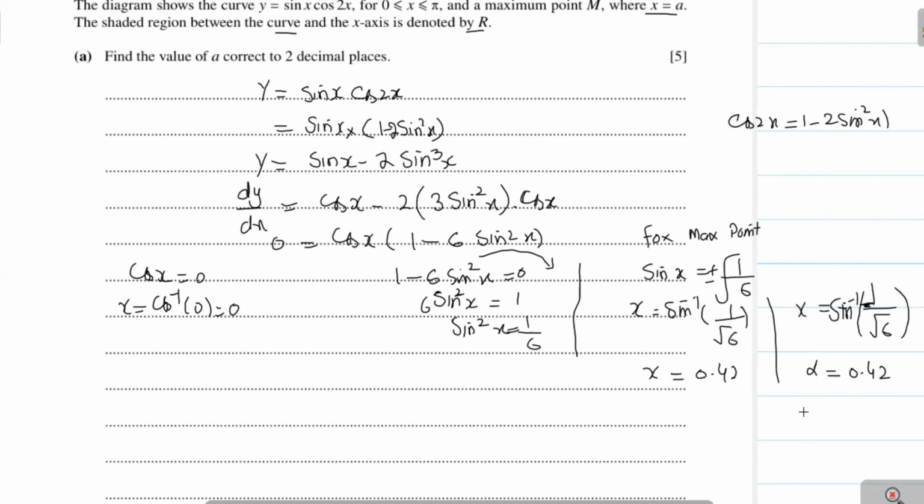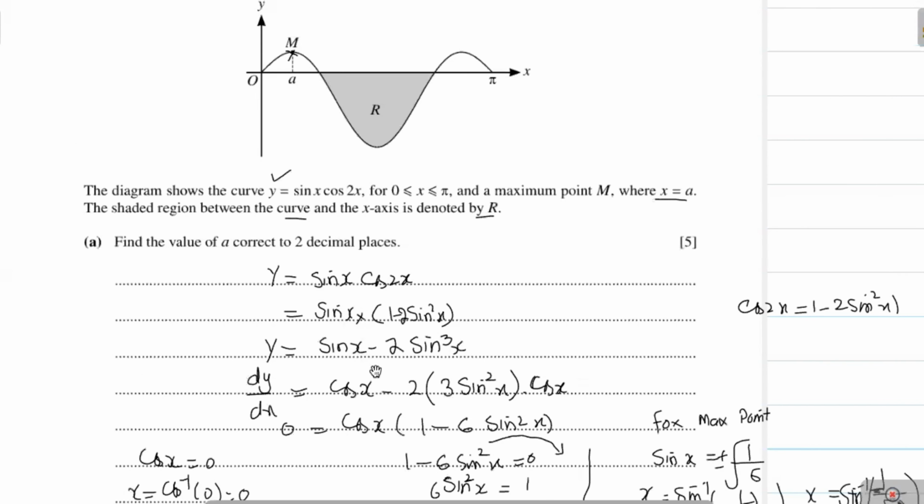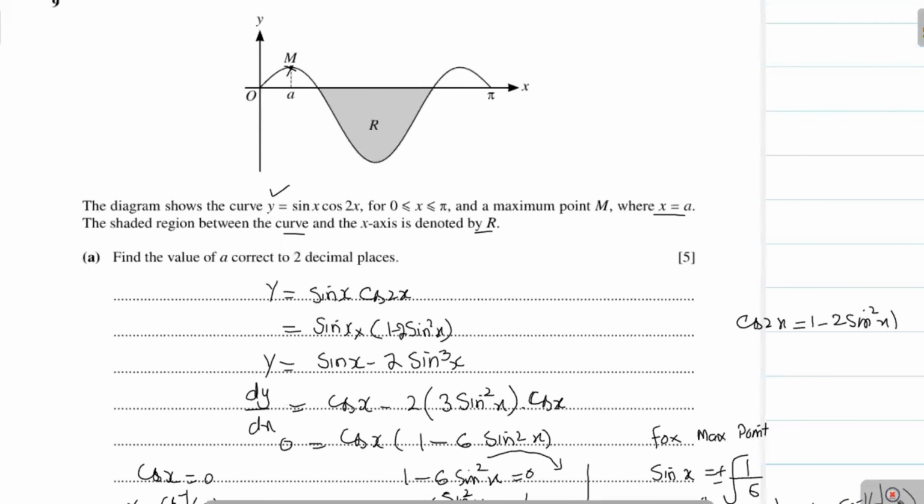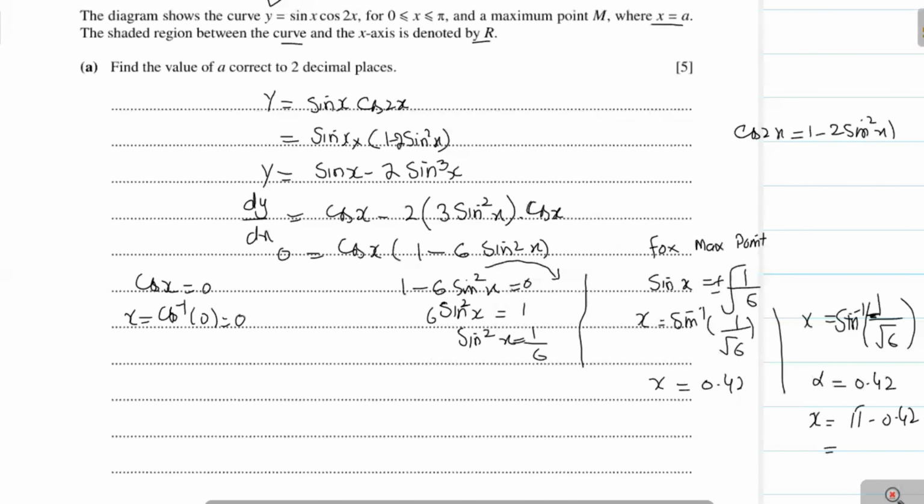Now the negative value will be equal to x equal to pi minus 0.42. Now you see here, these are the extreme values where the gradient of the tangent of the curve is 0. Therefore, this is the first value, x equal to 0.42, and this is the value of a.